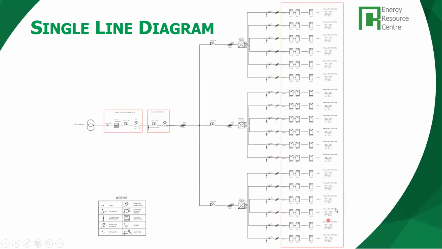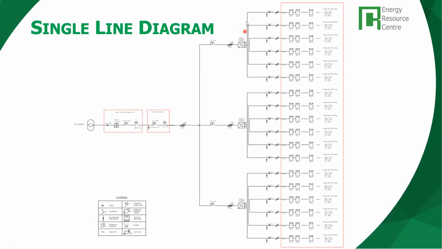Okay, this slide is a little bit small, because the single line diagram is large. Sorry for that. So you can see the general configuration of the system. We have all the PV module strings here, each string clearly identified, with each of the protections, and then going into each of the 3 inverters.